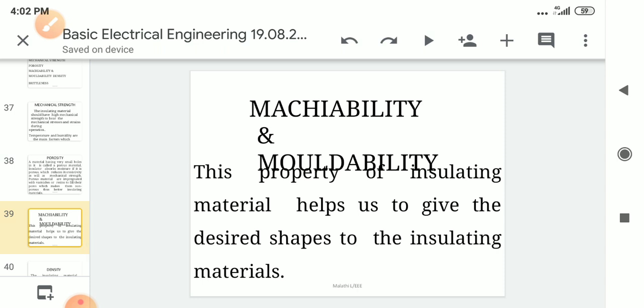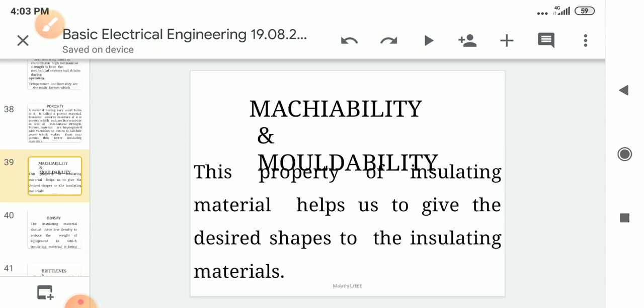And this is machinability and moldability. What is this? Molding means getting the desired shape. This property of insulating material helps us to give the desired shapes to the insulating material. If it has this machinability and moldability capability, then only it will give our required and desired shapes. Otherwise, if it is stubborn, then we are unable to shape it according to our wish. We have to take its flexibility.